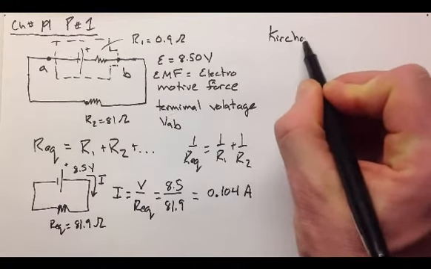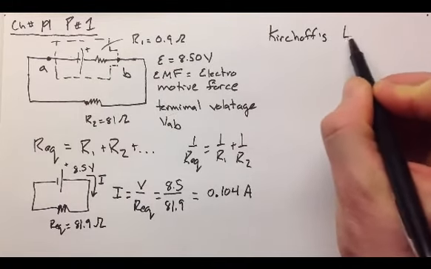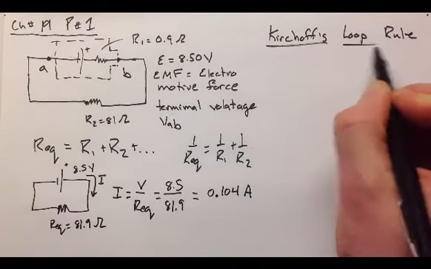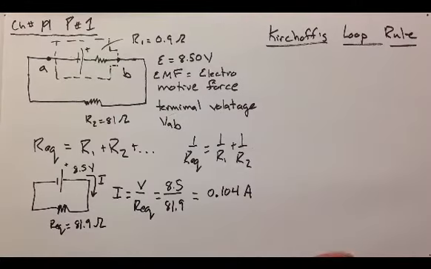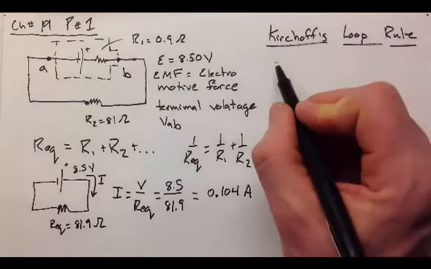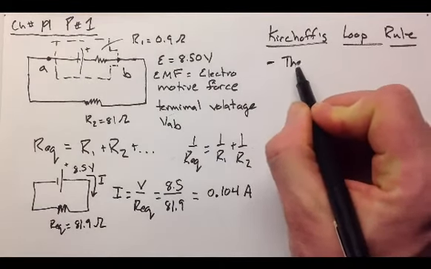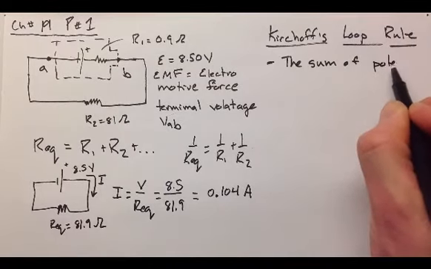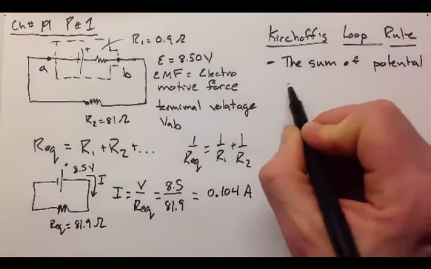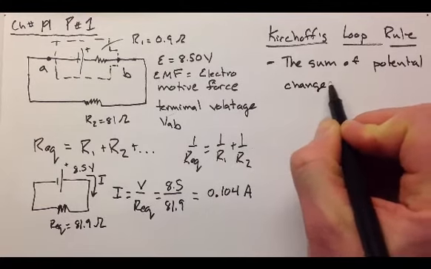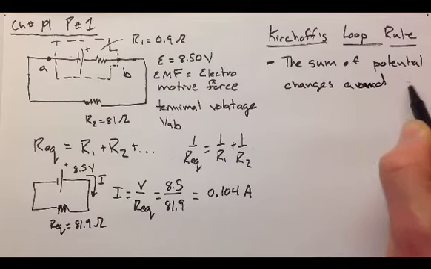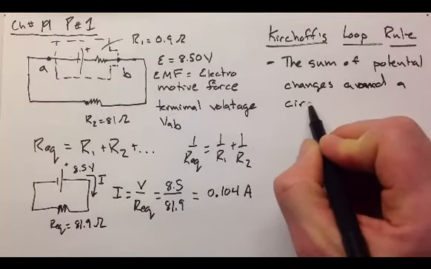Kirchhoff's loop rule states that the sum of the potential changes around a closed loop must be 0. And that's worth writing here: the sum of the potential changes around a circuit must be 0.